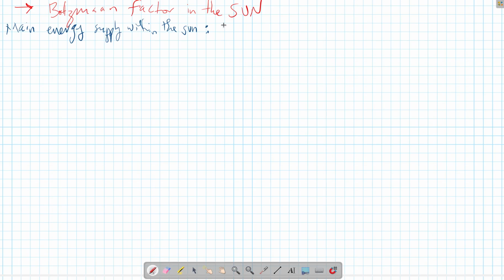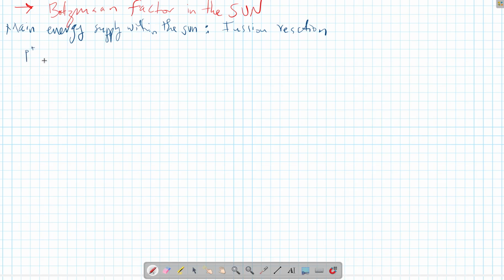It's a nuclear fusion reaction. This is the main reaction. What happens is that we have two protons.